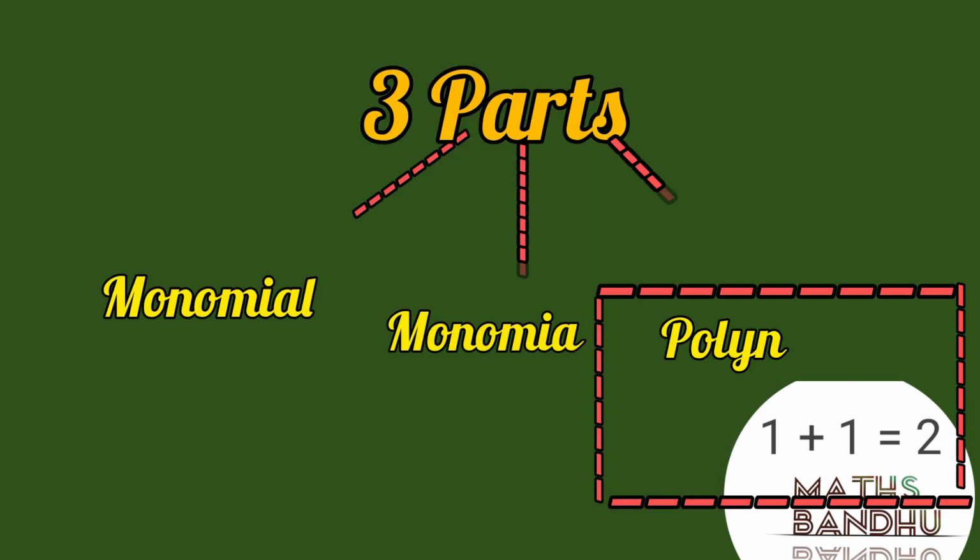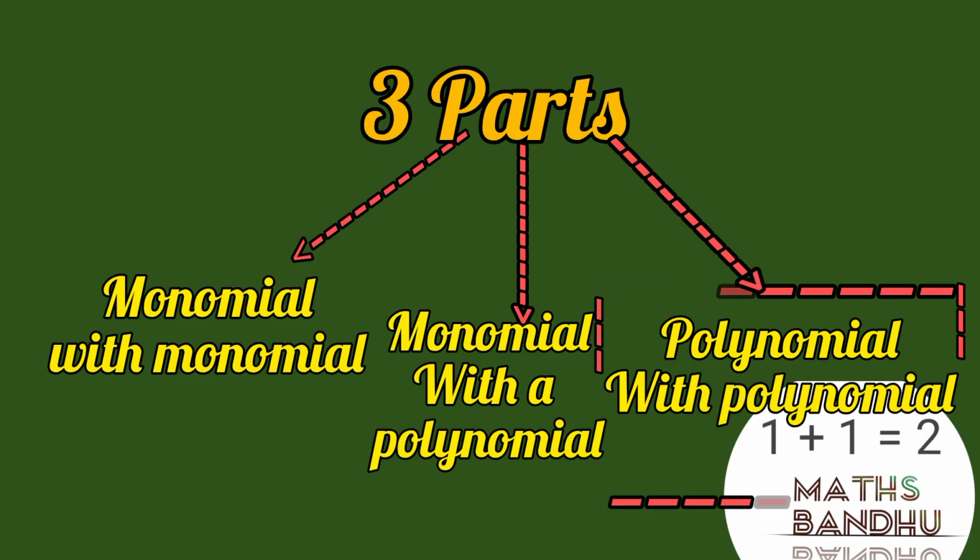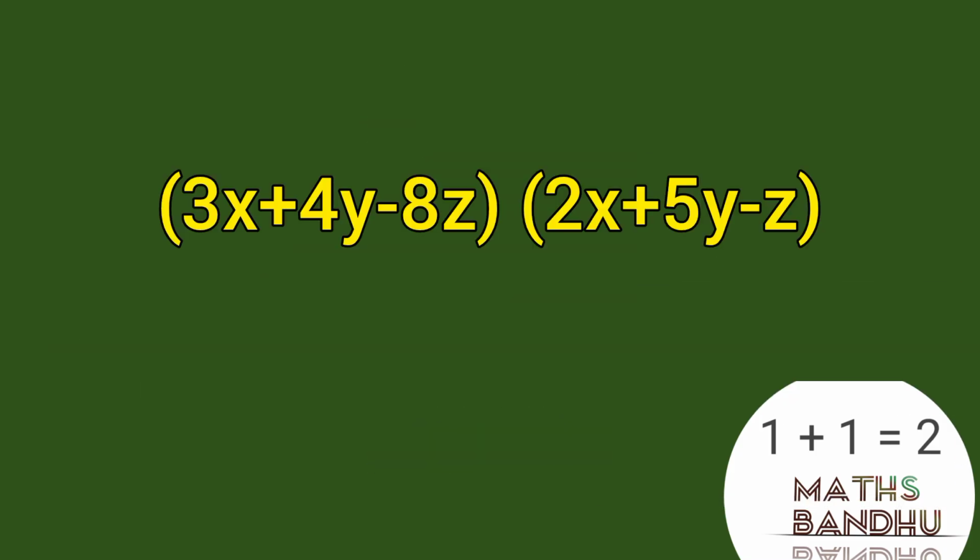Now moving on to the third and final part of the video, that was a polynomial with a polynomial. Here is how a polynomial with a polynomial sum looks like. This is the exact first sum which I showed you in the beginning of this video, if you try to remember. That sum comes under the category of a polynomial multiplied by a polynomial. Now the method is a bit different from the others, but not completely different.